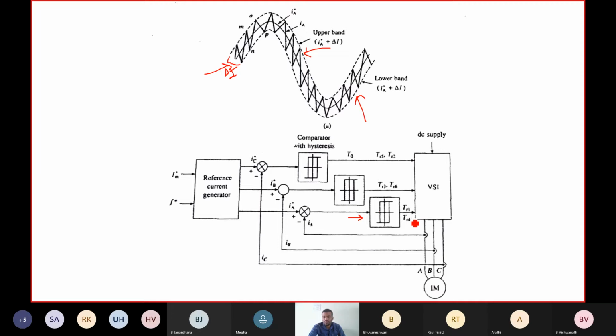When TR4 is on, phase A is connected to the negative terminal, and then IA will be negative.